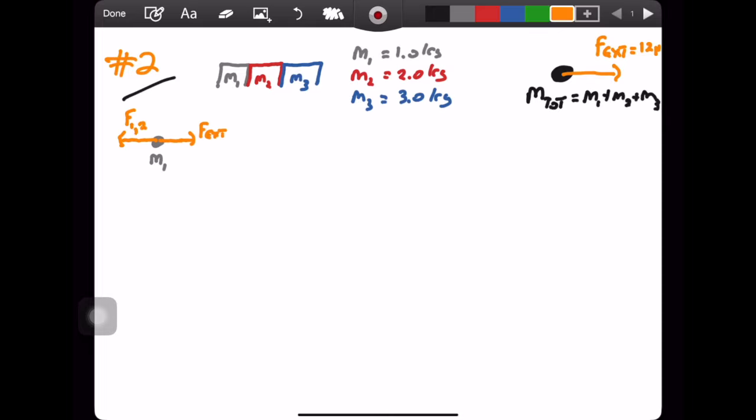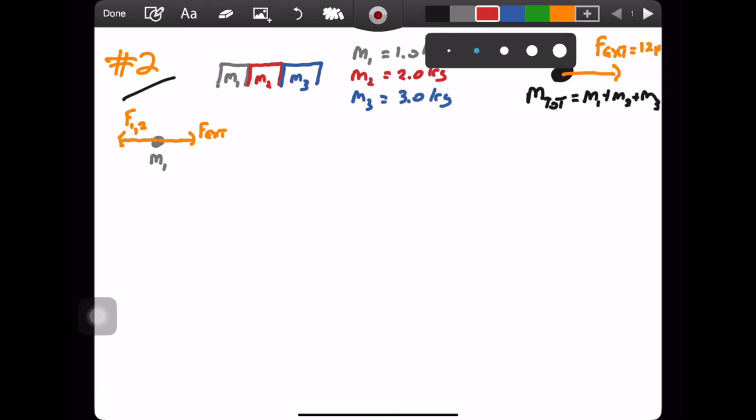So that's why I call it F12. So to the right, you have the external force being applied. You can imagine it's like a hand pushing to the right. It makes mass 1 push against mass 2. Mass 2 pushes back against mass 1. That's what we have for F12. That's the force on 1 from 2.